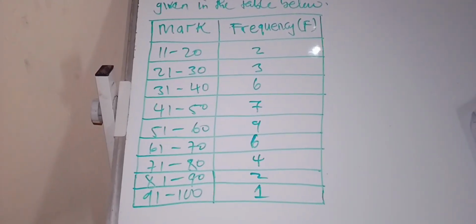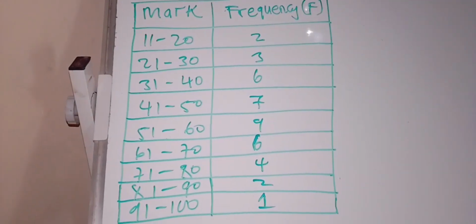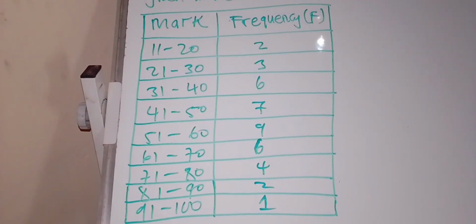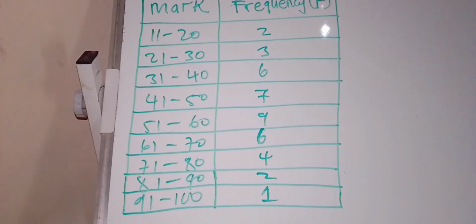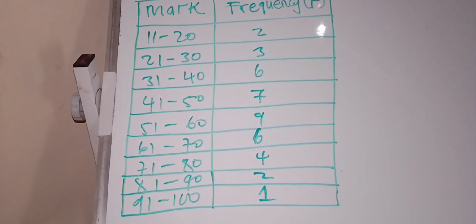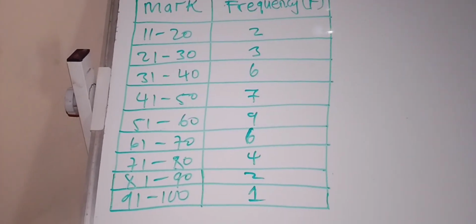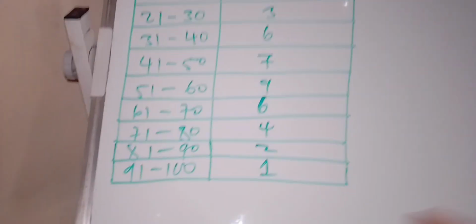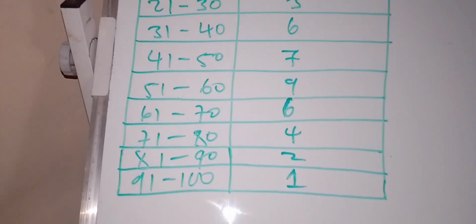We have the marks 11 to 20: this is how we interpret it, only 2 pupils scored between 11 and 20. 21 to 30, only 3 pupils scored between 21 and 30 marks. 31 to 40, just like that. And only one pupil managed to score between 91 and 100.